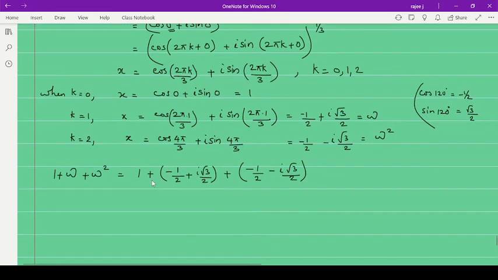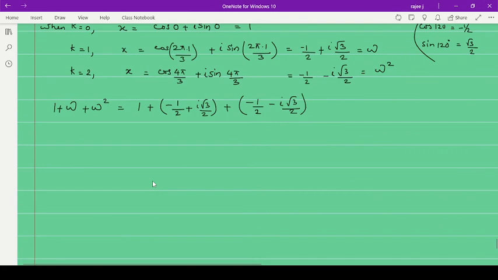So the plus i root 3 by 2 and minus i root 3 by 2 cancel. Minus half and minus half is minus 1. 1 minus 1 will be 0. This is one of the most important properties: 1 plus omega plus omega square equals 0.